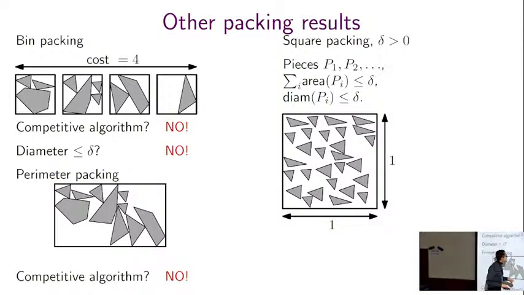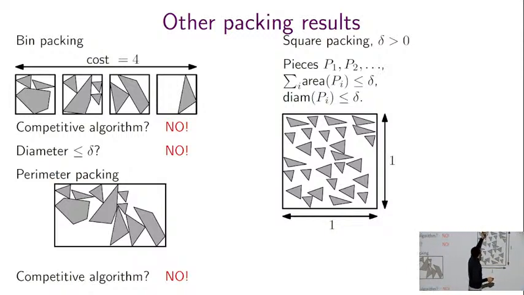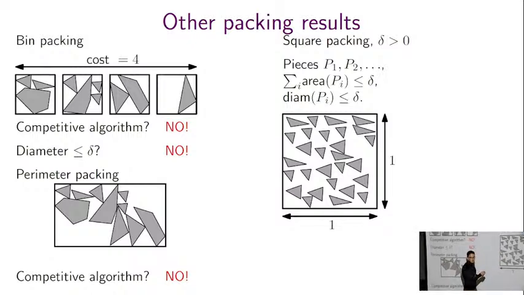And then we look at this version here, which I call square packing. It comes with a parameter delta. It's defined so that we get a sequence of pieces that are convex polygons, and we are guaranteed that the areas sum to at most delta, and also that the diameter of each of them is at most delta.